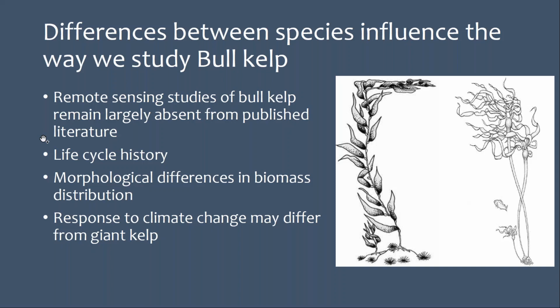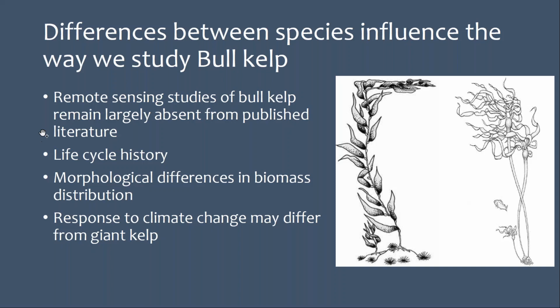Bull kelp is an annual plant and giant kelp is a perennial plant. So we only see a canopy for bull kelp during the months of August and October or November. And where giant kelp has a seasonal maximum in the summer and early fall, we can detect it year round with satellites, where we're not necessarily able to do that with bull kelp.